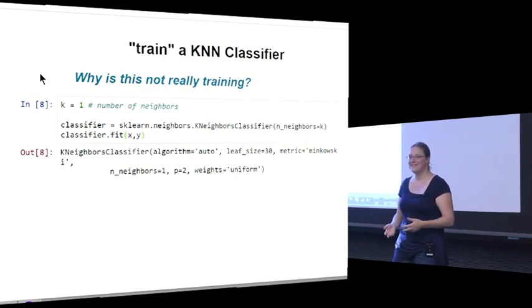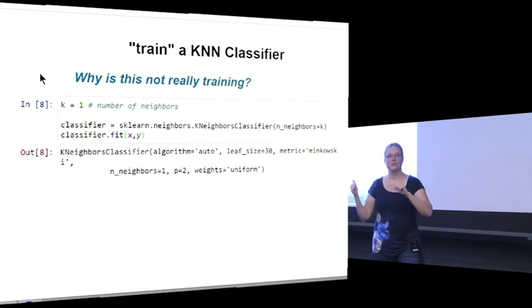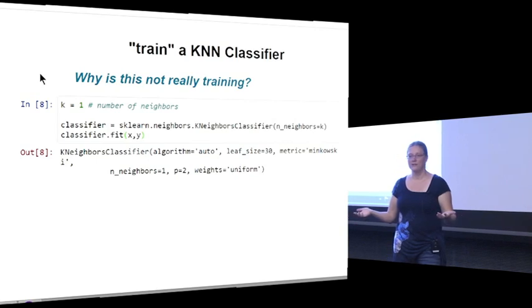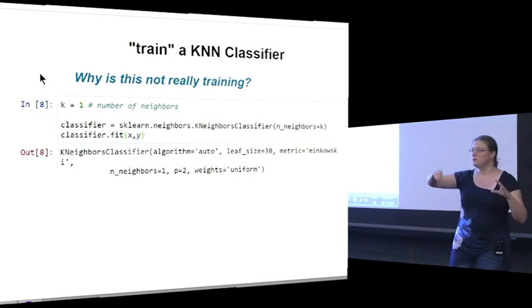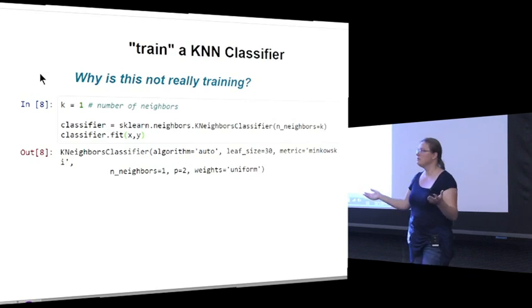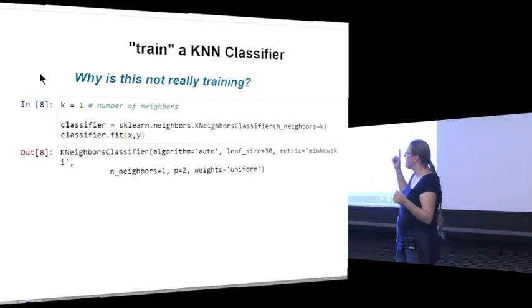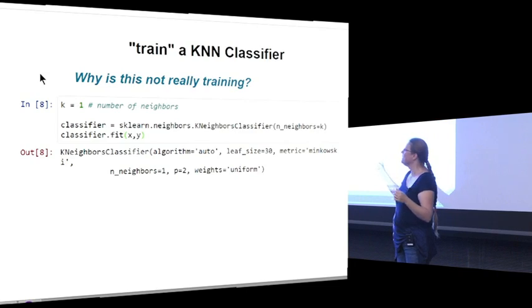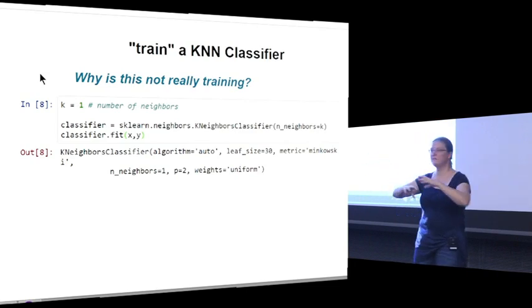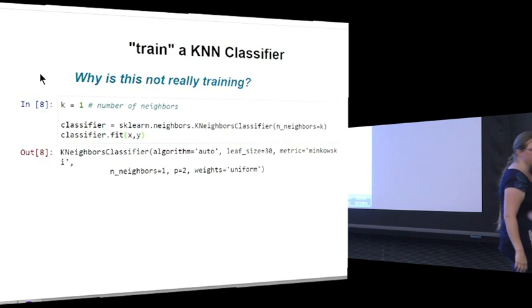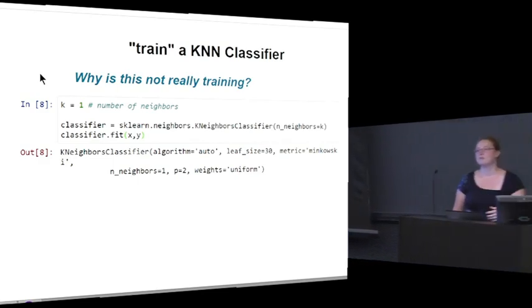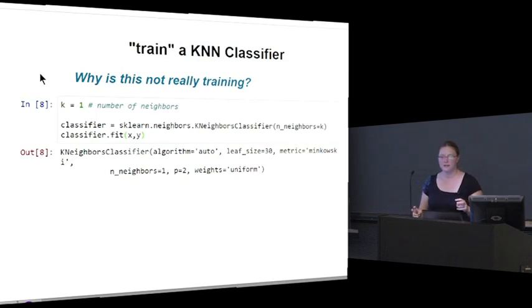KNN is what you can call a lazy classifier, because that fit function in principle doesn't do anything. It just says here's the data that you need for predictions. As long as there is no new data point incoming, I don't need to do anything. I'm pretty sure it actually does something, because it sorts the data in a specific way that makes it faster to compute distances and to get the k-nearest neighbors for future predictions. So it might take some computation time there, but it's not really what we would call training a classifier.